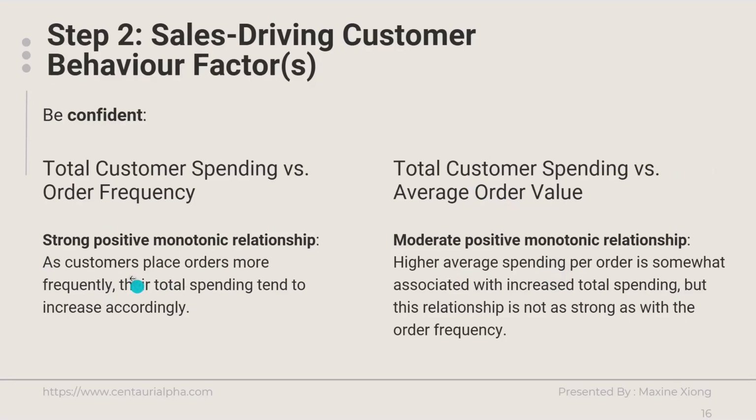As customers place orders more frequently, their total spending tends to increase accordingly. On the other hand, higher average spending per order is somewhat associated with increased total spending, but this relationship is just not as strong as with the order frequency.